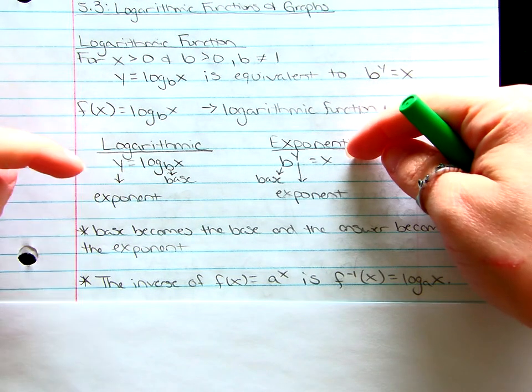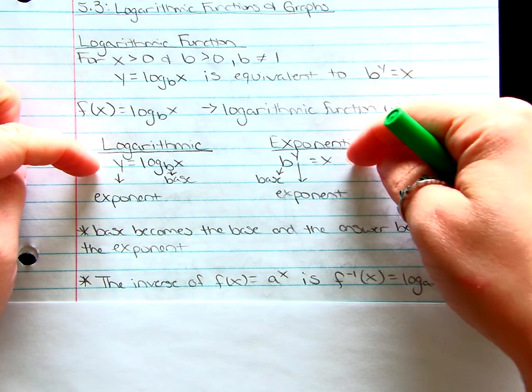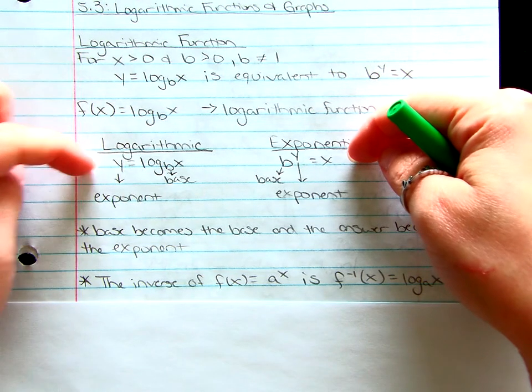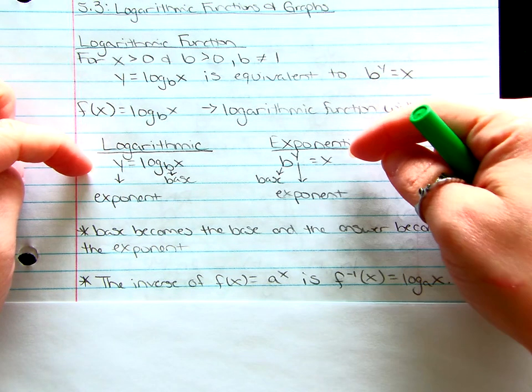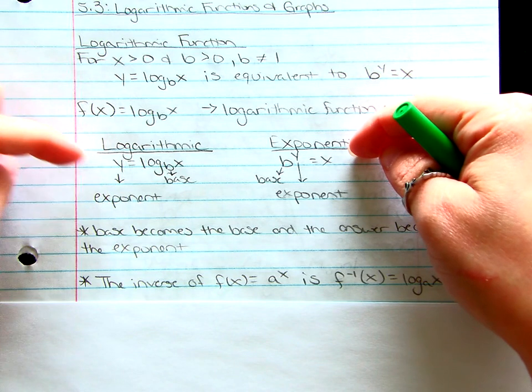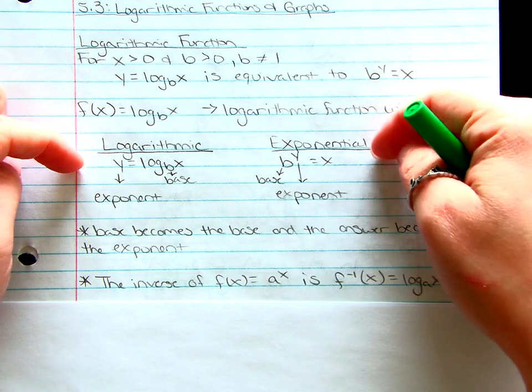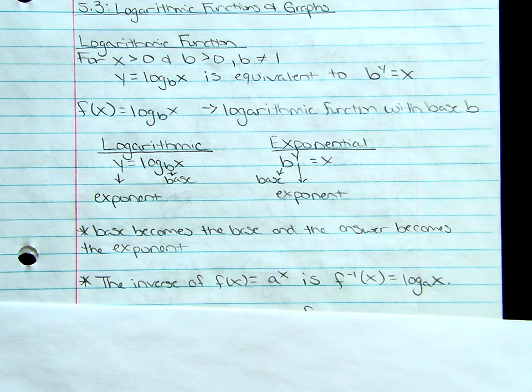The base of our logarithm becomes the base of our exponent. The answer of our logarithm becomes the exponent. And then what you were taking the log of becomes your new answer. That one doesn't really go with the base becomes the base, the answer becomes the exponent. It doesn't seem to flow as well, but that's what else happens. So base becomes the base, answer becomes the exponent.